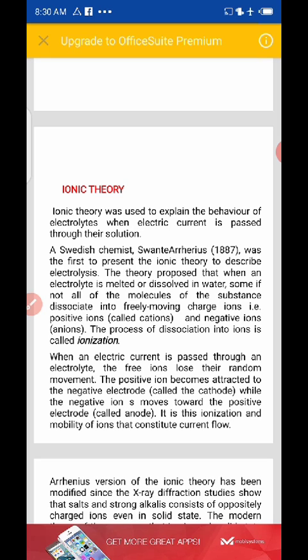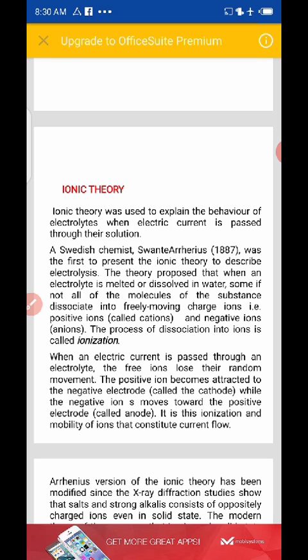For instance, an example of an electrolyte is sodium chloride. Whenever you dissociate sodium chloride, it breaks down to give sodium ion and chloride ion. That is what we call dissociation of electrolyte, and that is exactly what we call ionization.